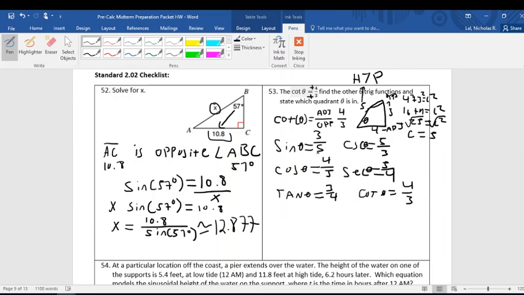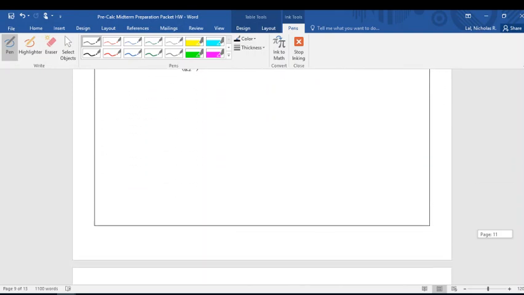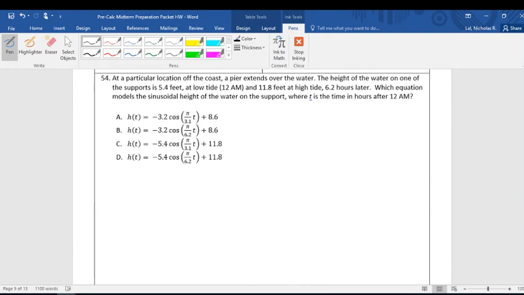So because 4 and 3 are positive, positive x, positive y. When x is positive and y is positive, that puts you in quadrant 1. Because when you look at it here in quadrant 1, it's positive. So that's 53.